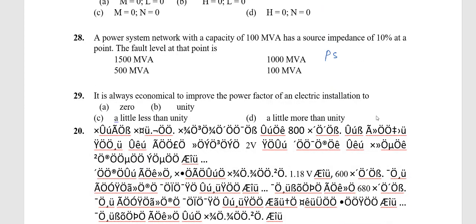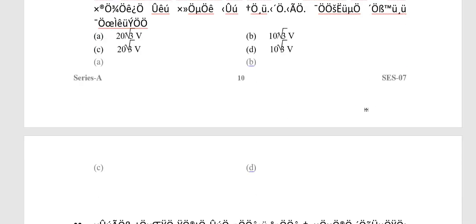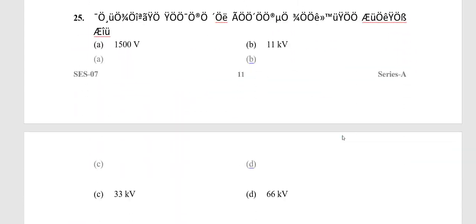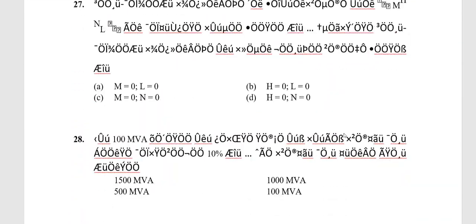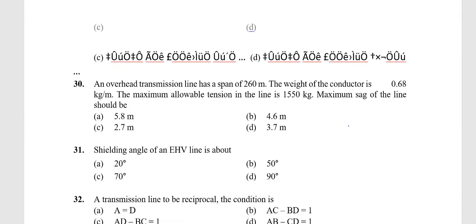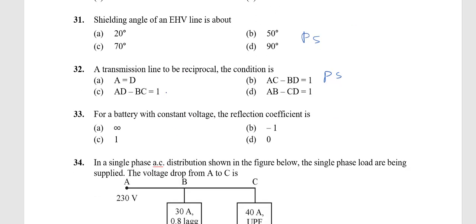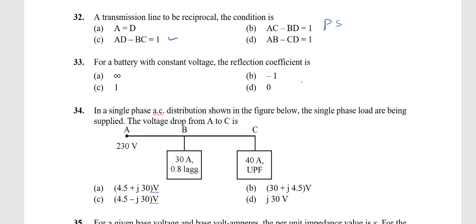Power factor of electrical installation, this one also power systems. Power systems, EHV line. So for a power system to be reciprocal, AD minus BC is equal to 1, A is equal to D. For reciprocal, always AD minus BC is equal to 1.